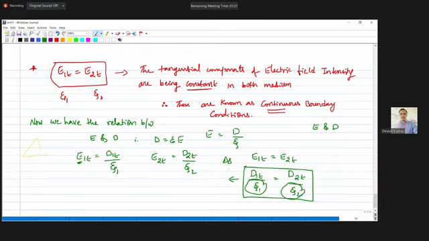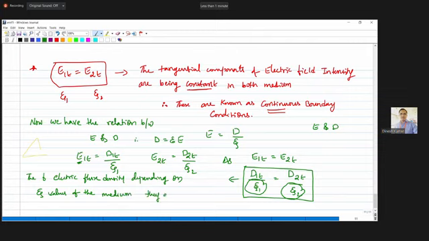Therefore, they are discontinuous. These conclusions are important for us, so this equation and this equation.